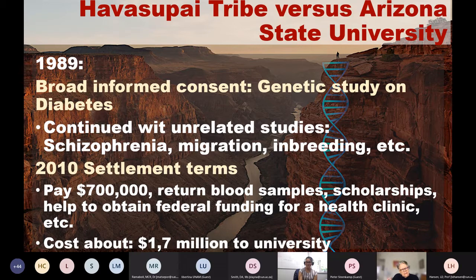But unfortunately, the geneticist then continued, because there wasn't really much on genetics and diabetes, with some other stuff on schizophrenia, migration, inbreeding, and so forth. And it just then happened that a student presented a research study related to these blood samples in a public forum at the university.